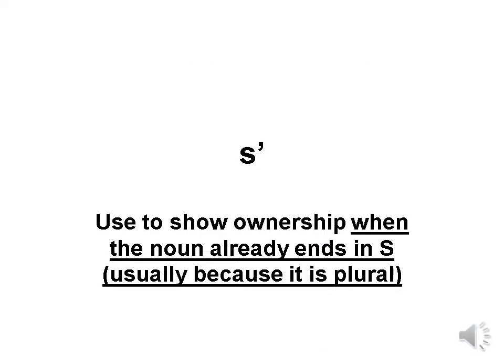Okay, so the apostrophe is used to show ownership. So what we have here is the letter S with the apostrophe shown on it. When the apostrophe is after the S, it means that the word ends in S, therefore it was a plural, and that is where the apostrophe goes.